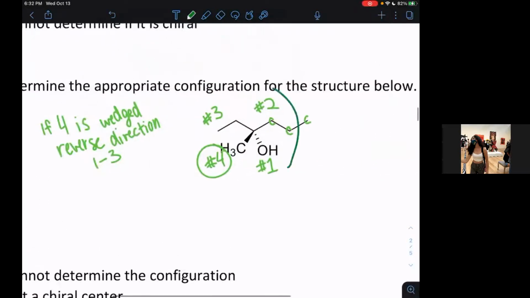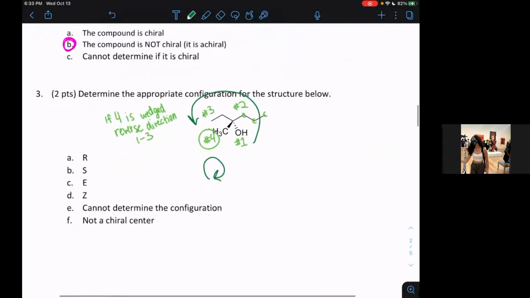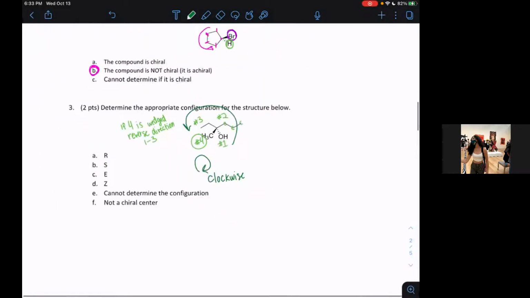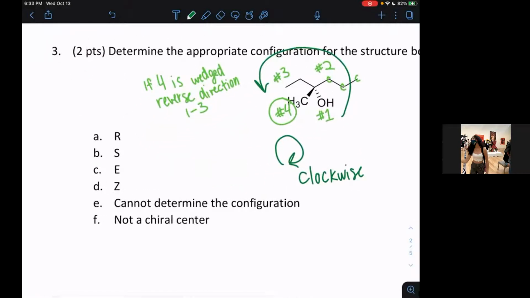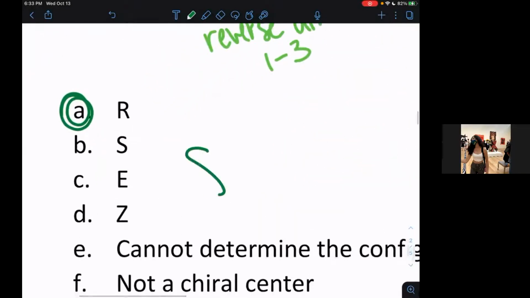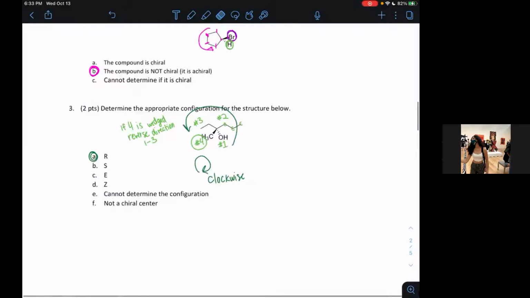So 1 through 3 is going this way, but we're going to go the other way. So that is the way a clock goes. So which one's clockwise, R or S? R. And I was looking up a video on this one time and it said that S is kind of like 2 C's, so it's counterclockwise. Yep. Cool. So that's the rule for that one.